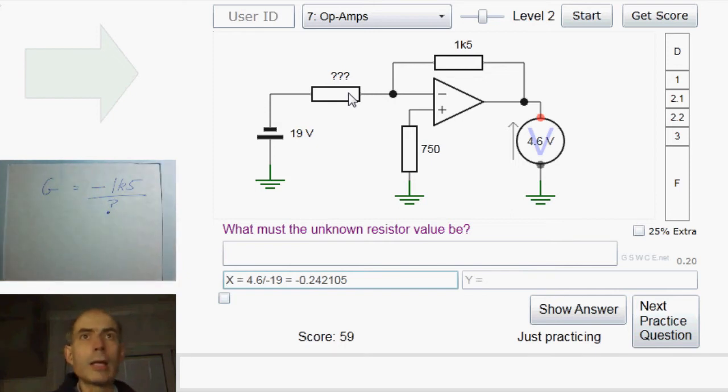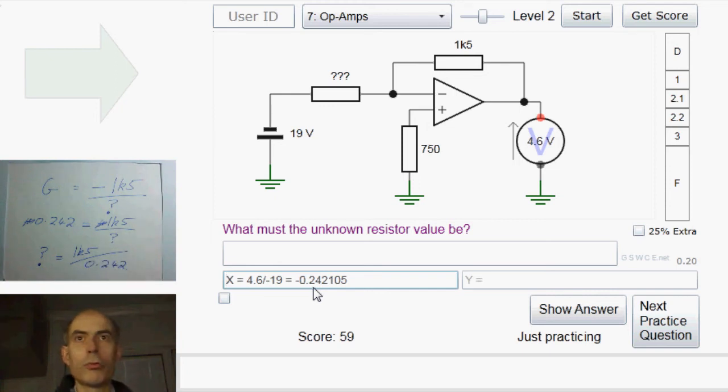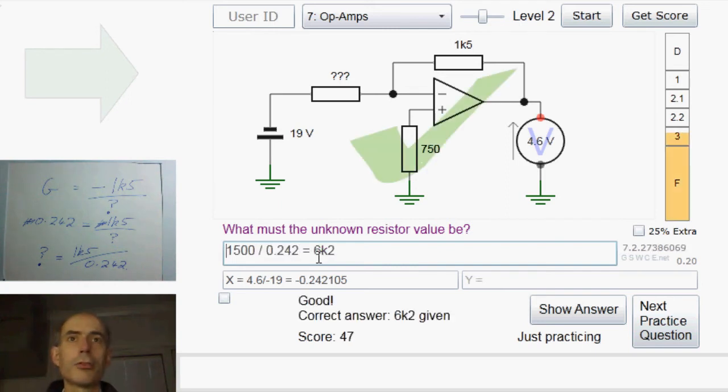And we know this gain is equal to the output divided by the input, which we've just worked out to be minus 0.242. Should be accurate enough. Equals 1k5 divided by the unknown. The minus signs cancel. That tells me that the unknown resistor is 1k5 divided by 0.242. In other words, divided by 0.242, and so on.